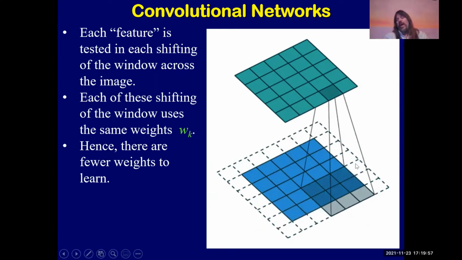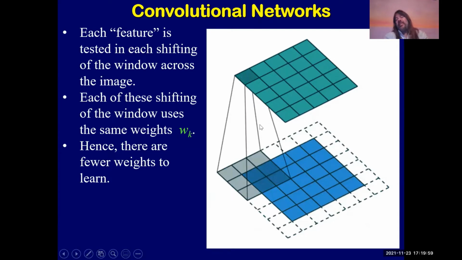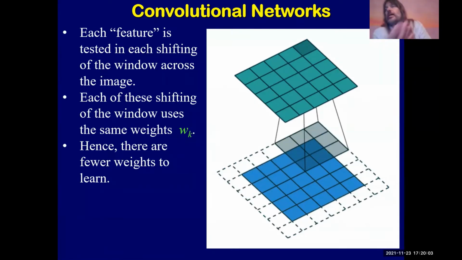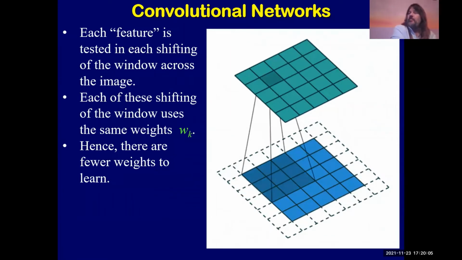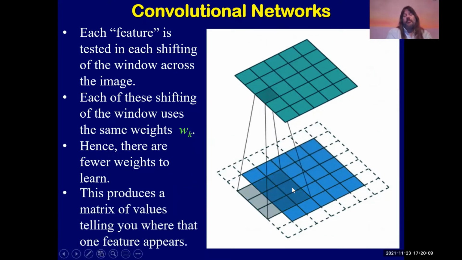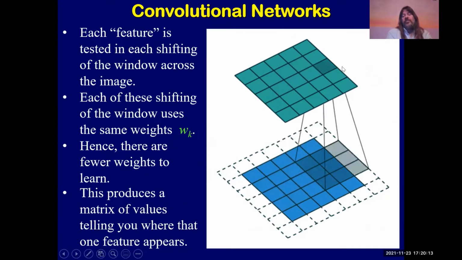They're the 9 weights of the feature, and then this tells us where the feature, which is specified by the 9 weights, appears in the image. So this matrix that we produce tells you where that feature appears.